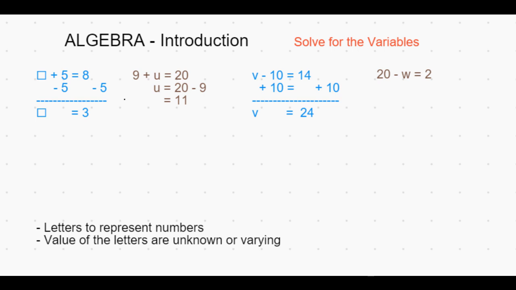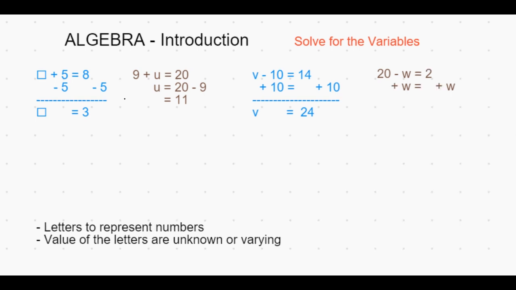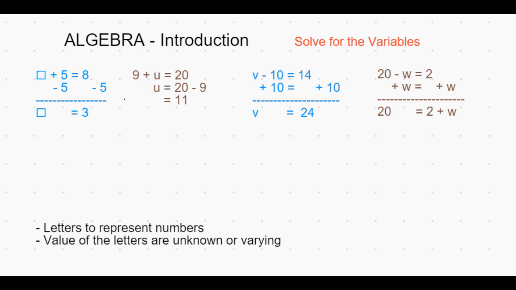In this case, we add w on either sides. So what happens is 20 minus w plus w becomes just 20 and 2 plus w remains the other side. Now we get 20 equal to 2 plus w.